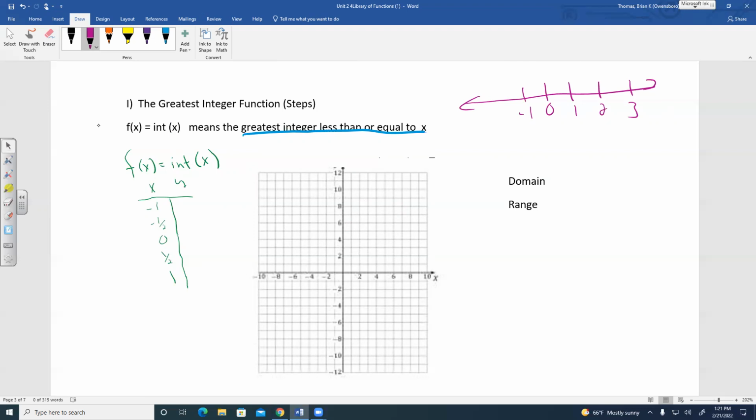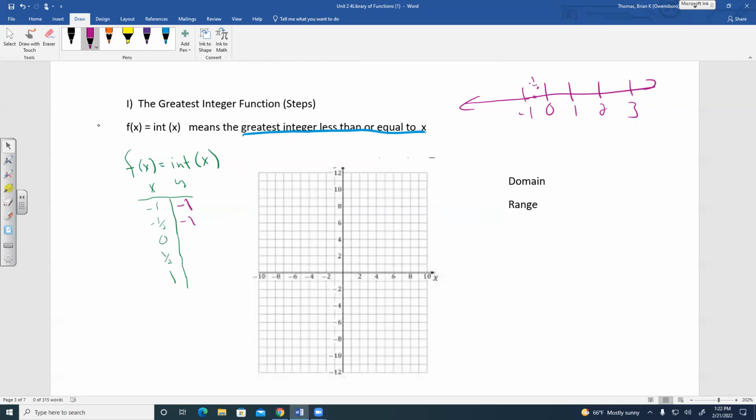If I'm at -1, the integer that's less than or equal to -1 would be -1. If I want to evaluate -1/2, it would be located about here. The integer that's less than -1/2 would be to the left of it, and that would also be -1. So all the values between -1 and 0 are going to fall back to -1.